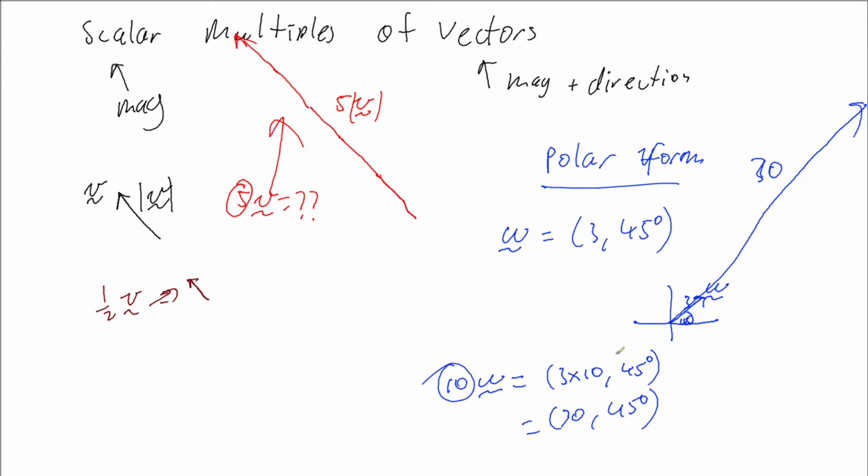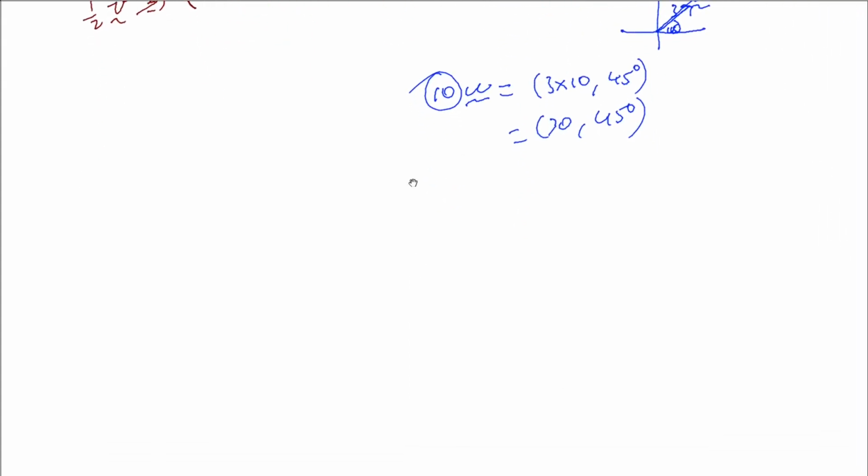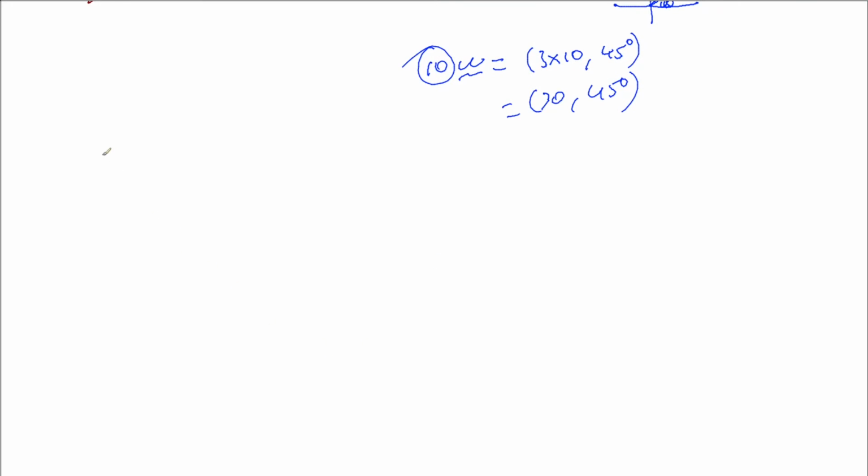But what about if I've got a Cartesian form? If I've got a Cartesian form vector, then I don't have magnitude in my information. So let's have a look at the vector u, and let's have a look at the classic 3-4 vector.